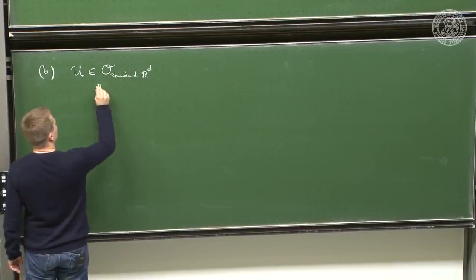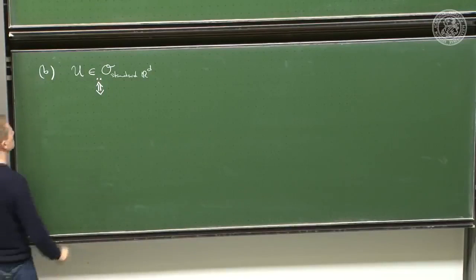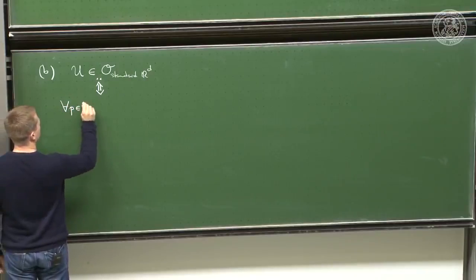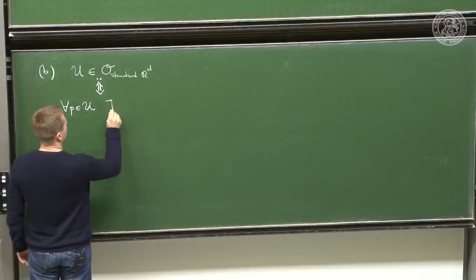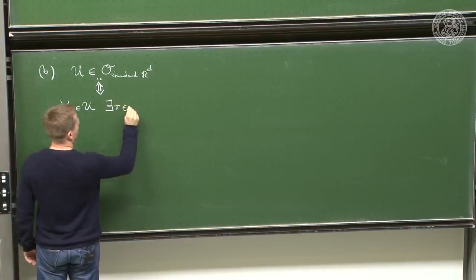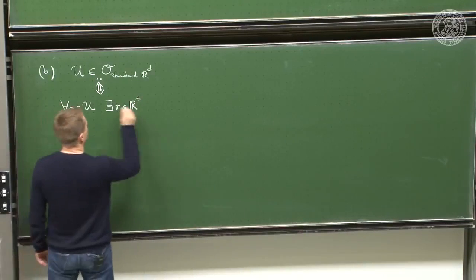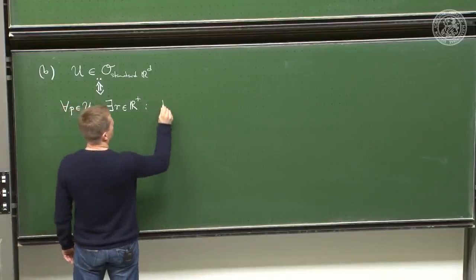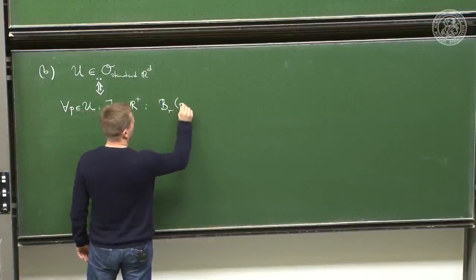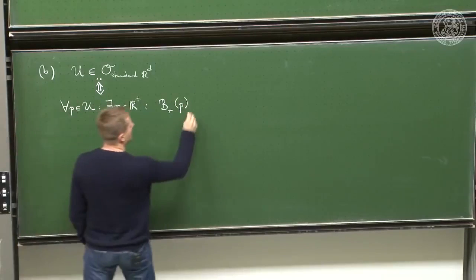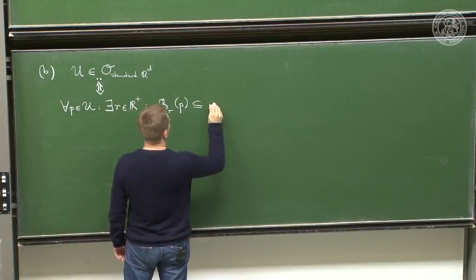We'll say that U lies in there by definition if for every point P in U, there exists a positive real number r in R plus, such that the ball of such a radius r around the point P lies entirely within the set U.